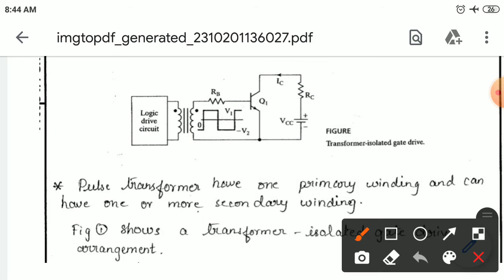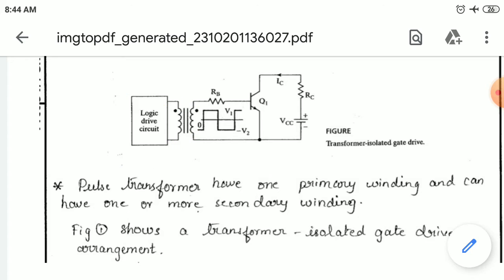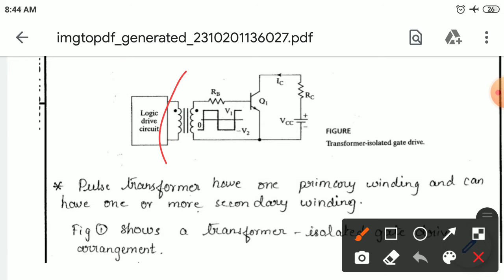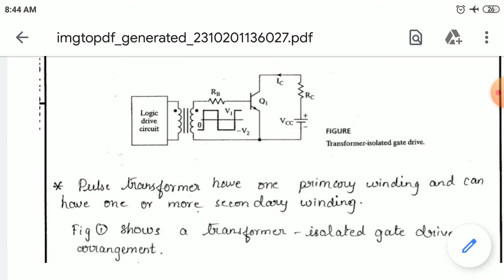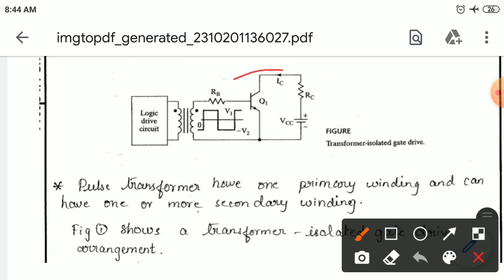Got it? Here the logical circuit is there, and this pulse transformer acts as the isolation. Then comes the BJT, then the load. If any fault occurs on the load side, a large amount of current flows from collector to base. To protect the logic circuit, a pulse transformer is used here. Current flows from here to here, and as there is an isolation pulse transformer, reverse flow is not possible; you can only transfer power from here to here.